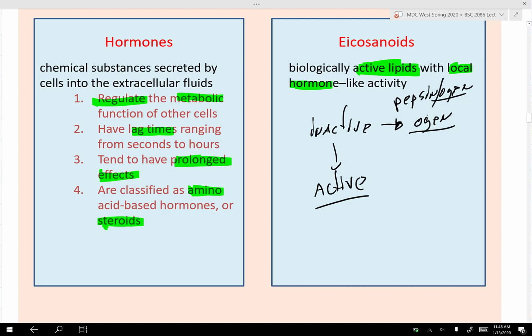Right now, all I'm telling you is that whenever you see the word ogen, that means inactive. So some hormones can be inactive, and then in the presence of something else, in this case the acidity, they become activated. Okay? So far, so good?